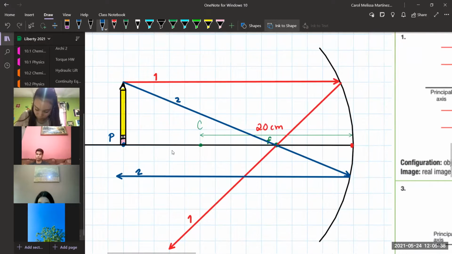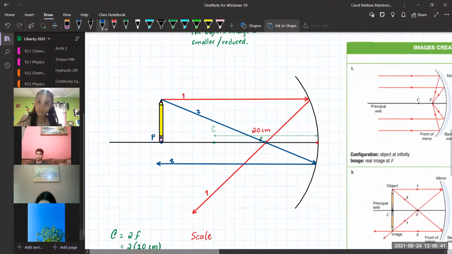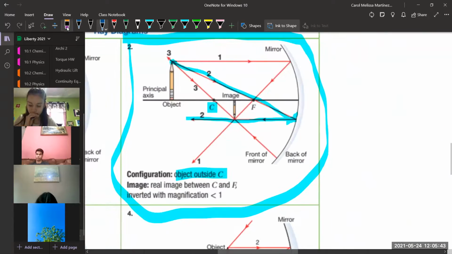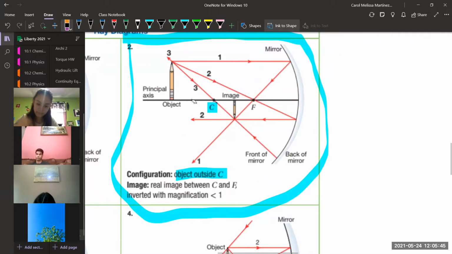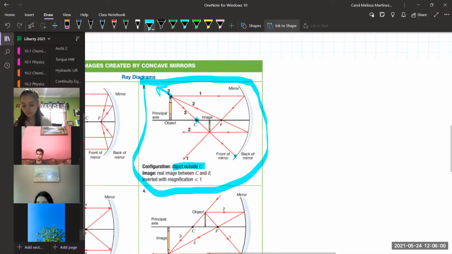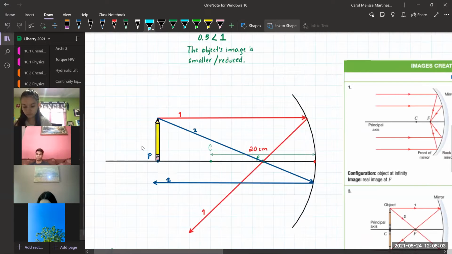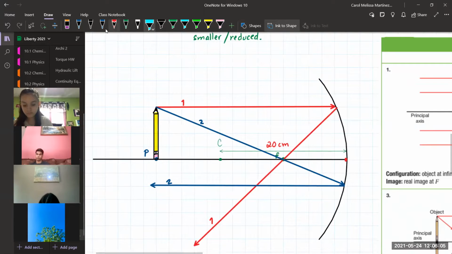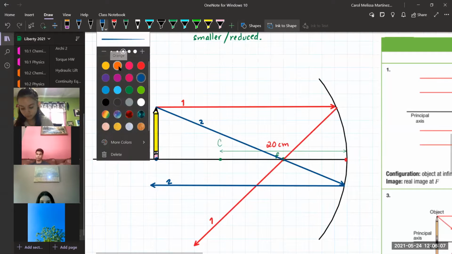And now my other point, my point number 3, my ray 3, let's see, take a look. It comes from the tip of my object, passes through the center of curvature, touches the mirror, and bounces back in the same direction. Okay? So I'm gonna do the same. From the tip of my object, passing through my point C. I use yellow for this one.